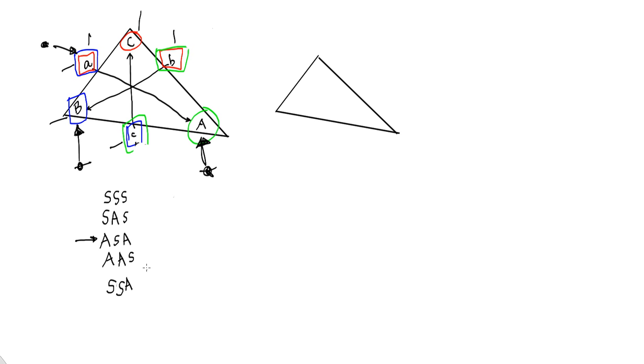In that case, it's two sides and an angle, but unlike this circumstance, this angle is not an angle in between the two sides. So for example, in my triangle above here, I could have side C, side B, and angle C. That would be a situation of side-side angle.